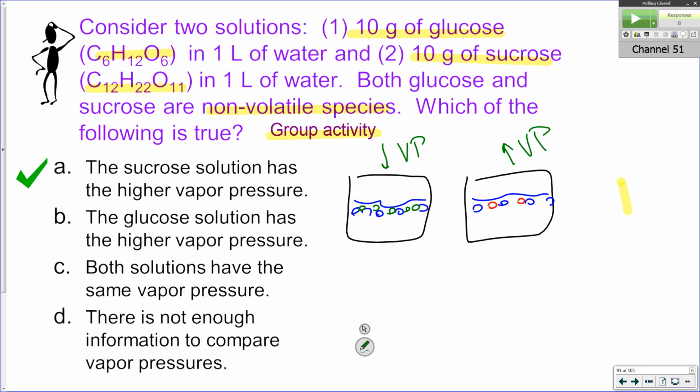So molar mass does play a role. You're on the right track with your approach, but it doesn't matter on the mass. It's the number of particles. So the lighter something is, the more particles it has, the more it influences.